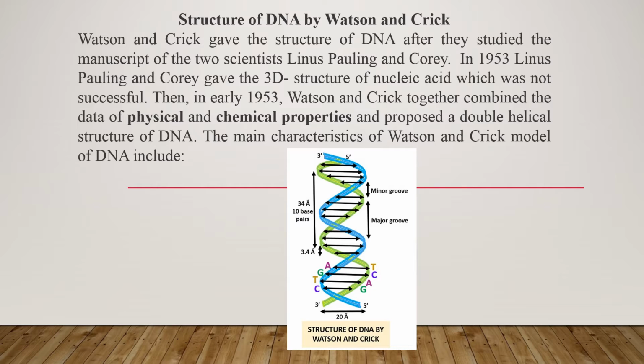The diameter of DNA is 20 angstroms, and there are two grooves of DNA, known as the minor groove and the major groove. There are approximately 34 angstroms of height per turn, in which 10 base pairs of nucleotides are involved.